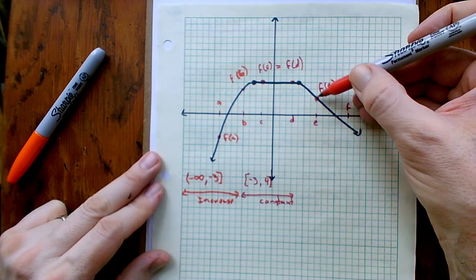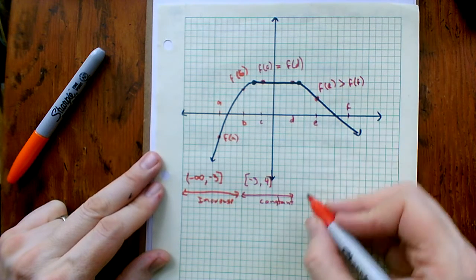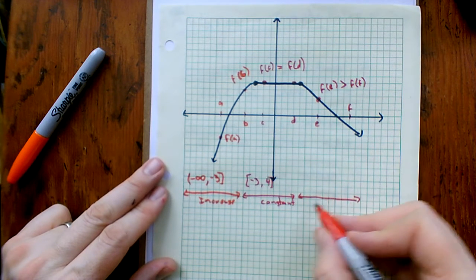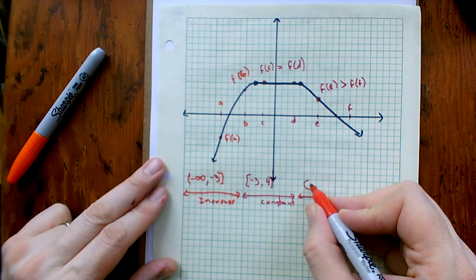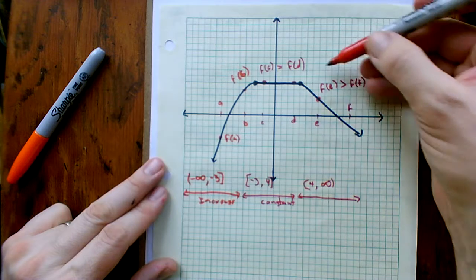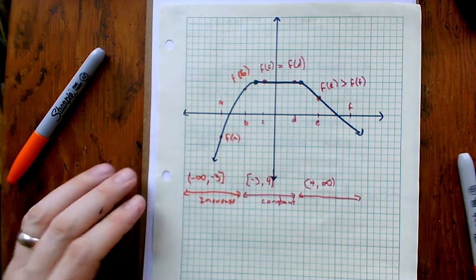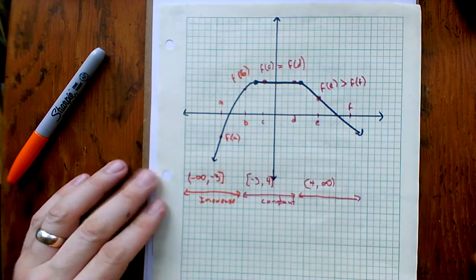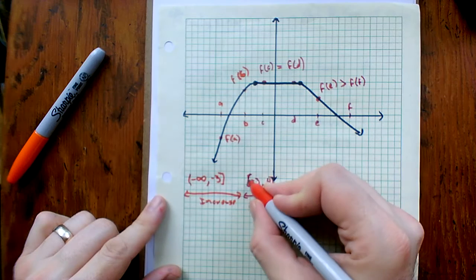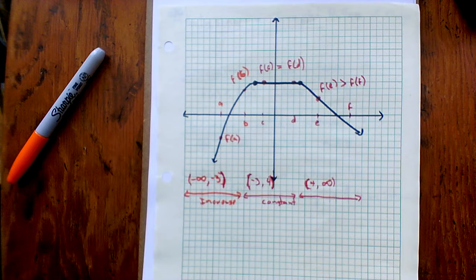As I steadily move to the right, my values are going to decrease. So on this interval, from 4 to infinity, this graph is going to be decreasing. And technically I should not include these endpoints because I've got corners. So I'm going to go ahead and change my notation.